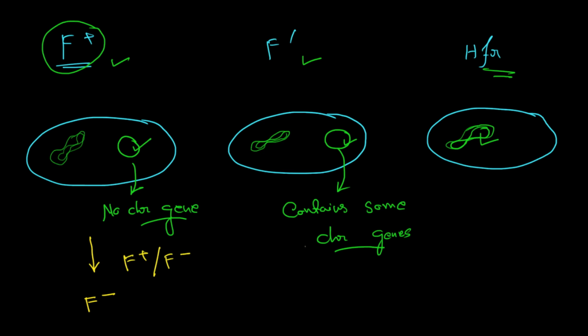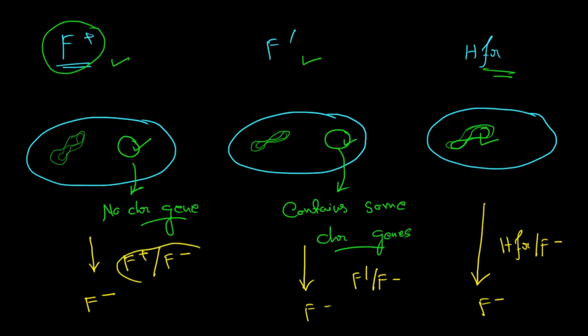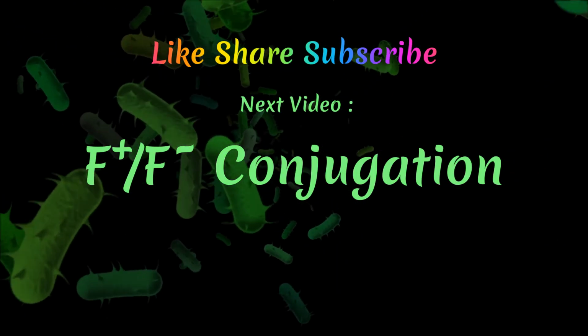When F' cell does so, it is known as F' F- conjugation, and when an HFR cell does this type of conjugation, it is known as HFR F- conjugation. So these three, F+ F-, F' F-, and HFR F- are the major types of conjugations, and I shall discuss them one by one, starting with F+ F- conjugation in the next video.